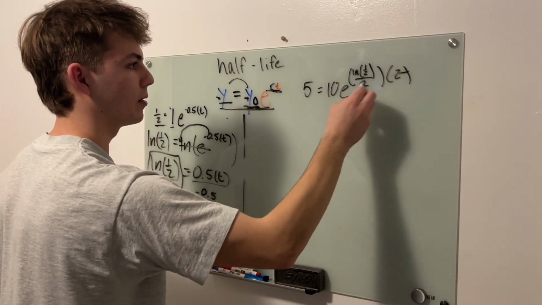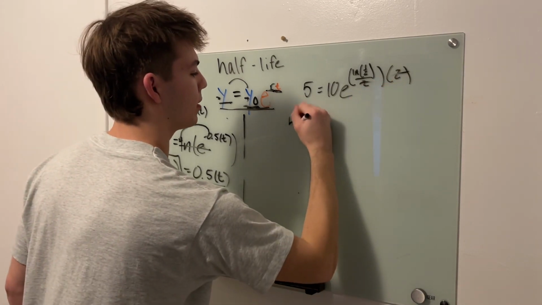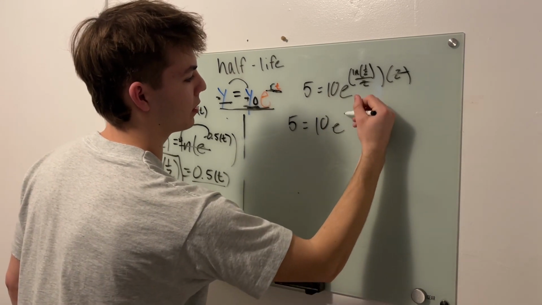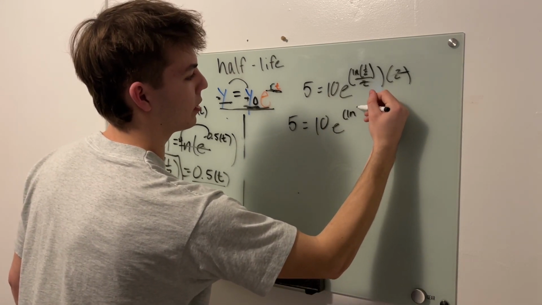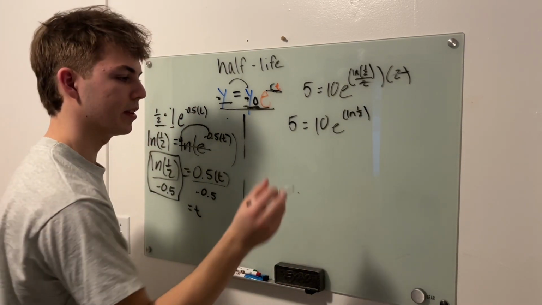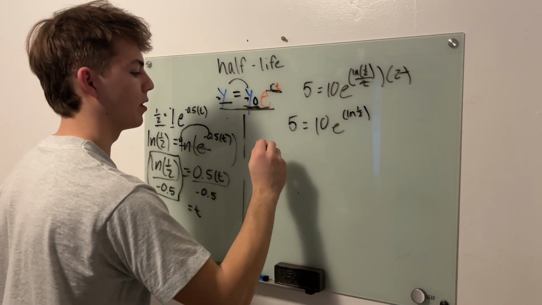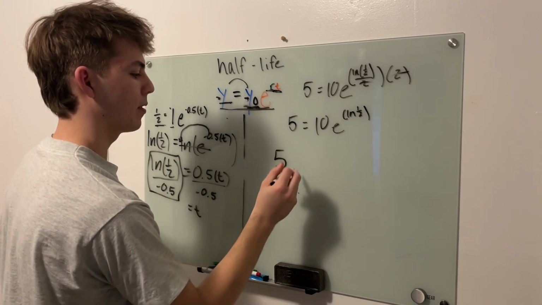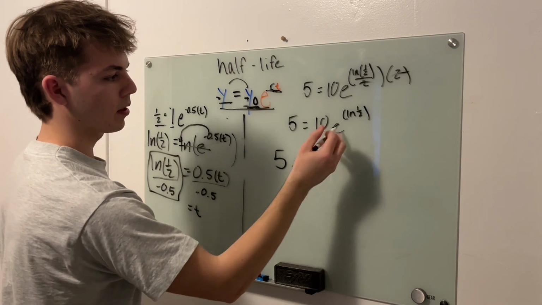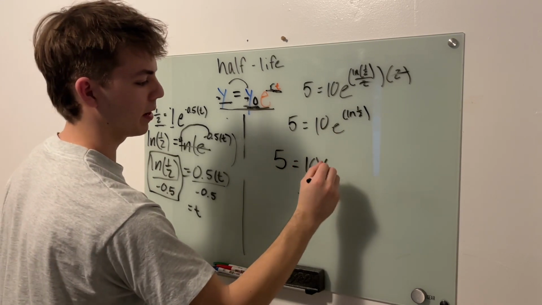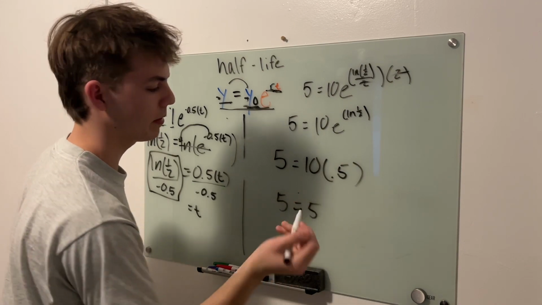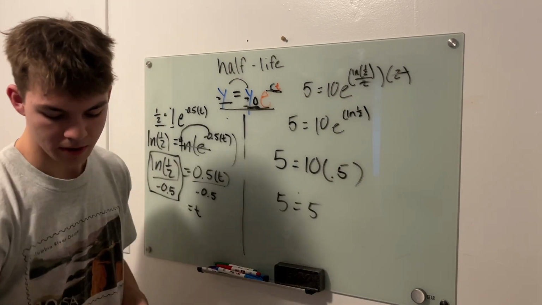Now these will cancel out, so we'll have 5 equals 10 times e to the power of natural log 1/2. And e to the power of natural log 1/2 is 0.5. So 5 equals 10 times 0.5. 5 equals 5. And so that all checks out.